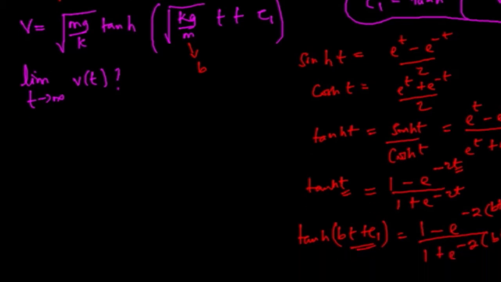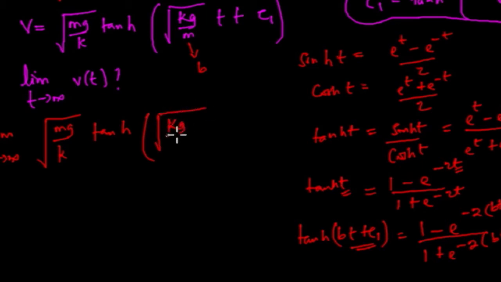Now you see what the question says: find the limit as t tends to infinity of v of t. So v of t is root mg over k times tanh of root kg over m times t plus c1.